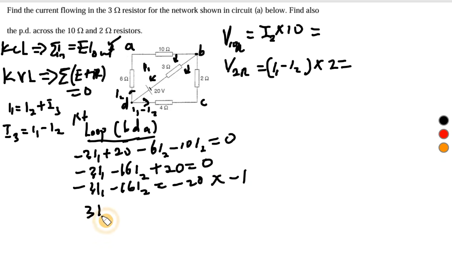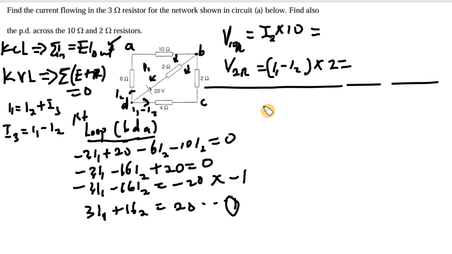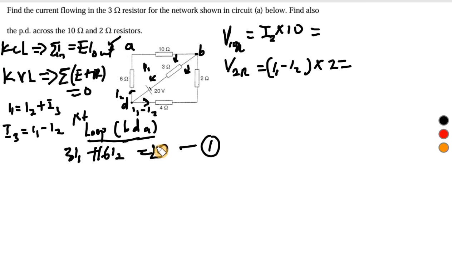We have 3I1 plus 16I2 equals 20. So this will become our equation 1.